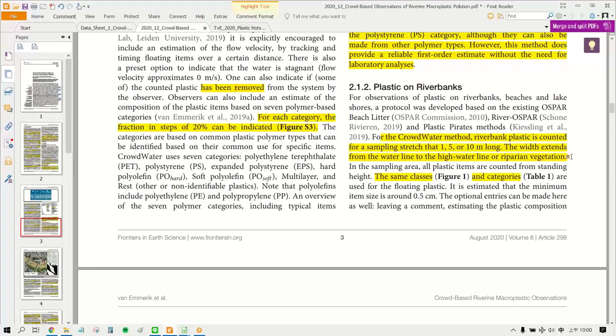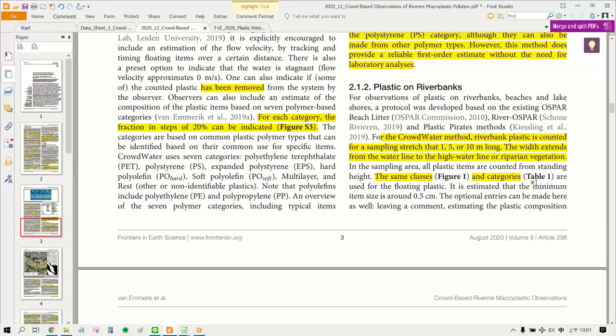I feel it's not very clear here, because based on our experience, the volunteers sometimes are confused about where the upper and lower limits are for counting the plastic, especially if the plastic is just on the edge of the riverbank.